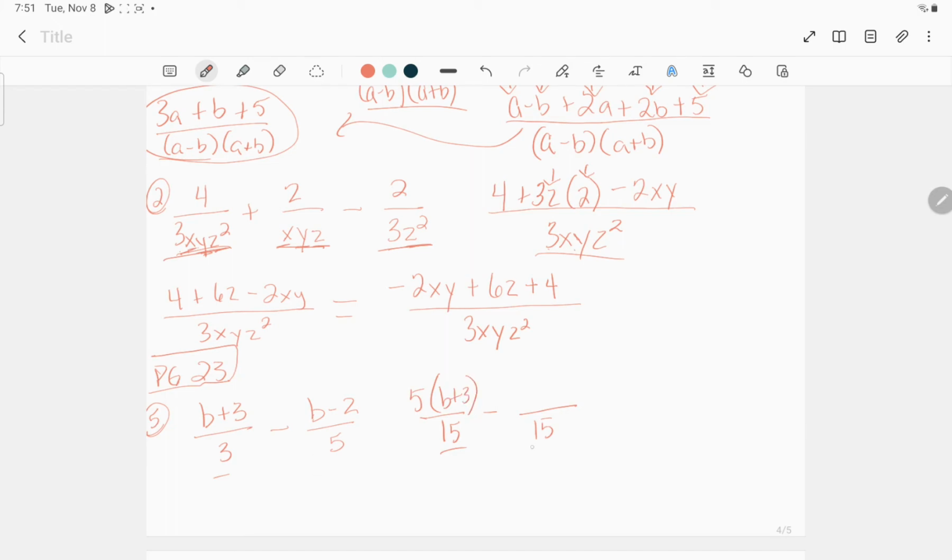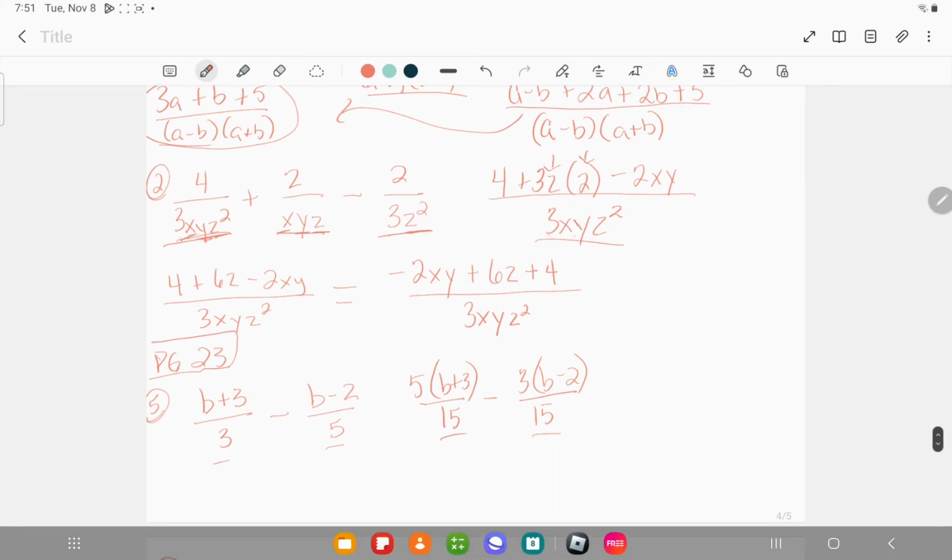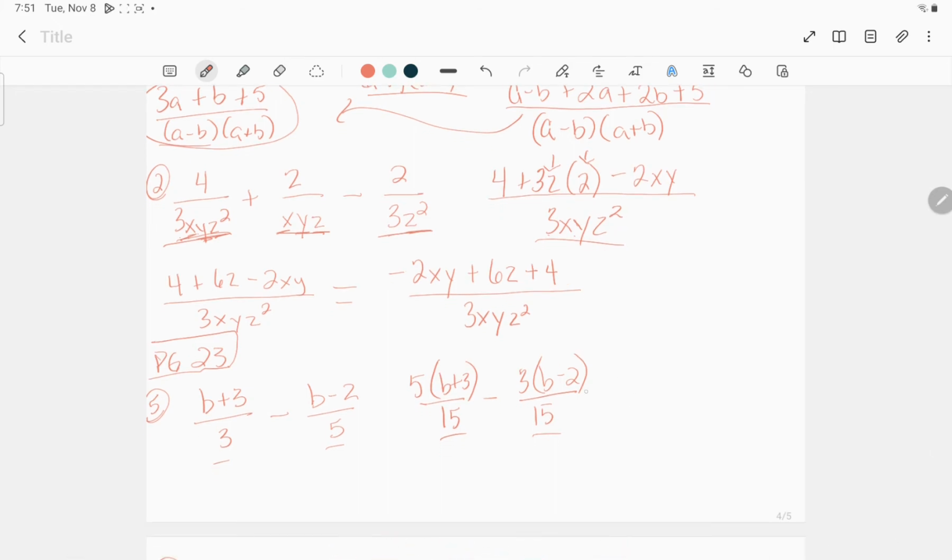And 15 goes into 5 how many times? It goes into 5 3 times. So 3 times b minus 2. I'm going to get rid of the fraction and put everything over one denominator.